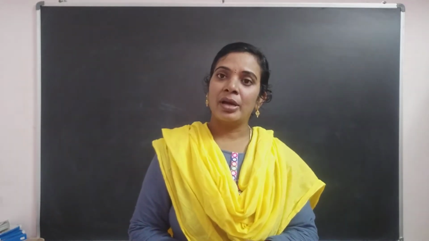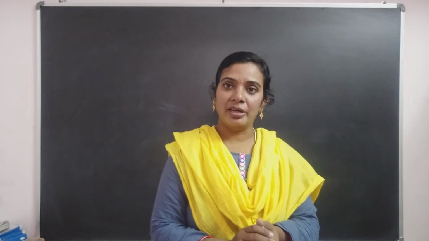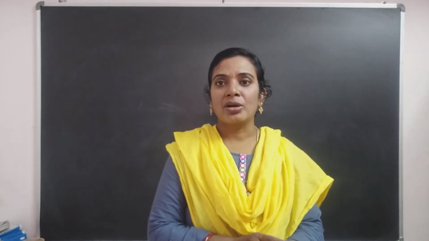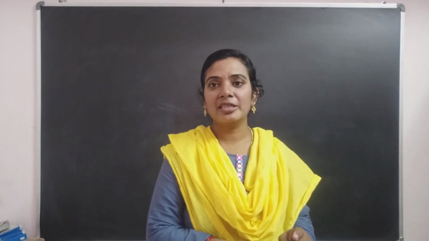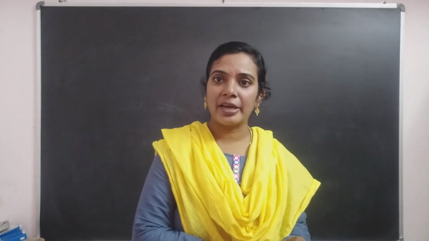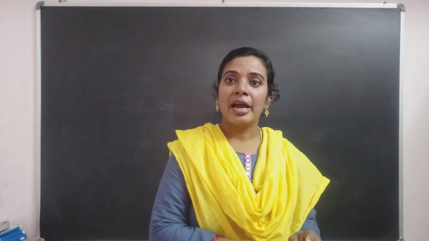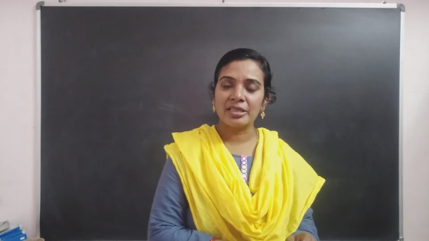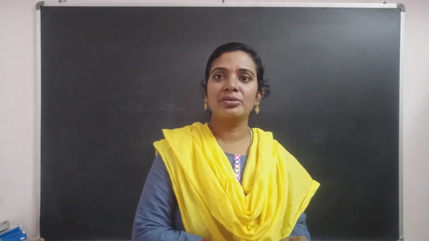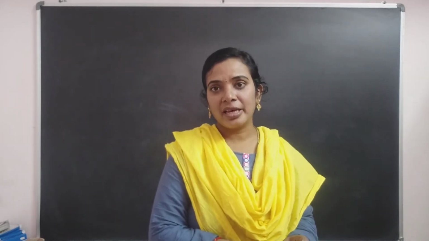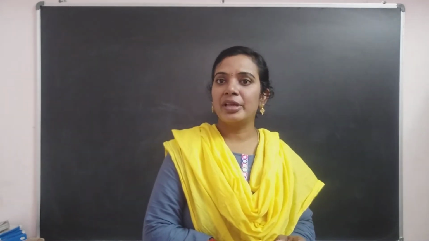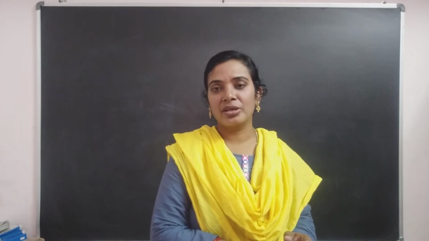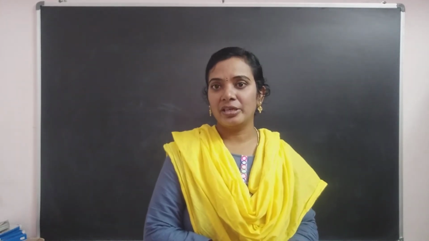And also in the third case, the simultaneous limit, where x and y both tend to 0 simultaneously along the path y equal to mx. If the limit value is the same, then it is a continuous function. If the limit value changes, then it is not a continuous function.